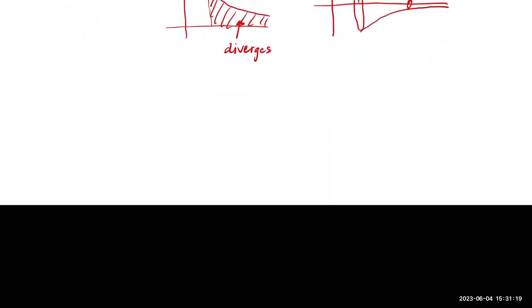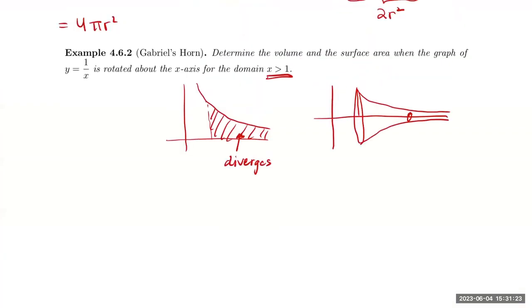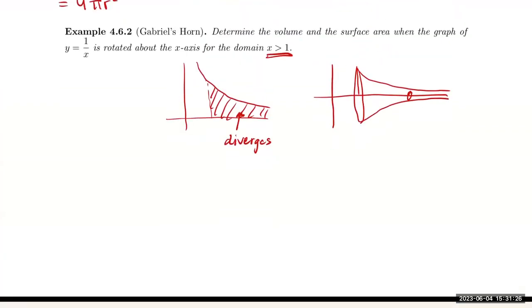Okay, so let's see. I'll add an extra page just in case. So we know that the volume here is just going to be given by pi times the integral from 1 to infinity. And the radius is just going to be the function squared. So that's going to be 1 over x squared dx.